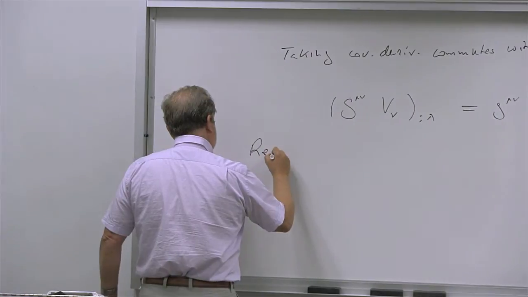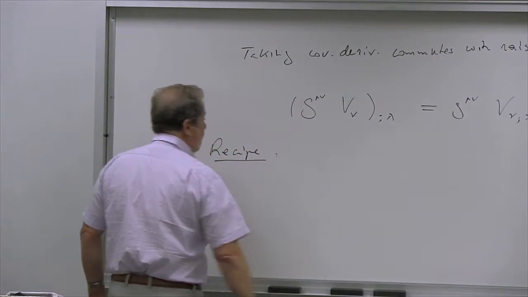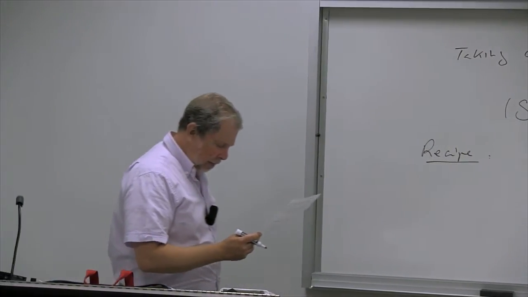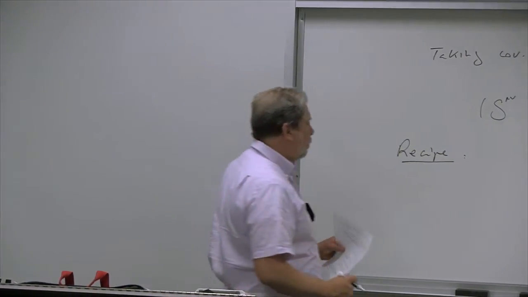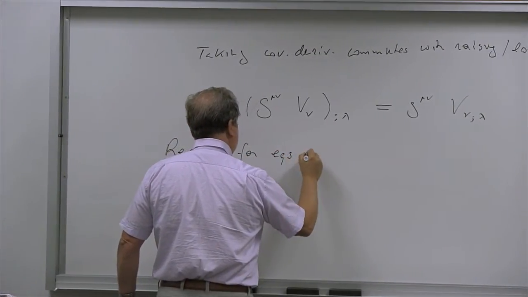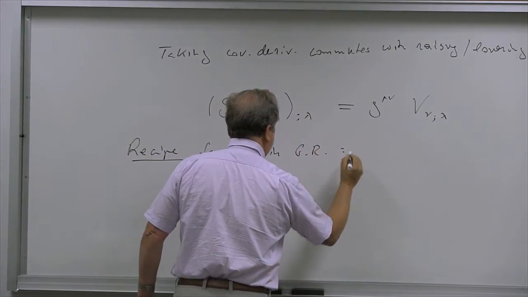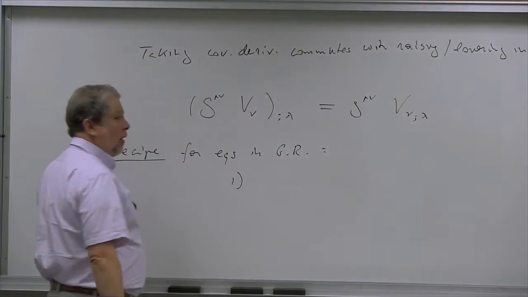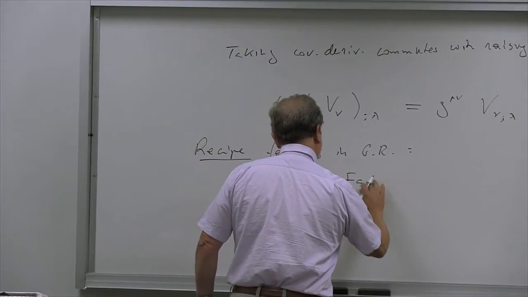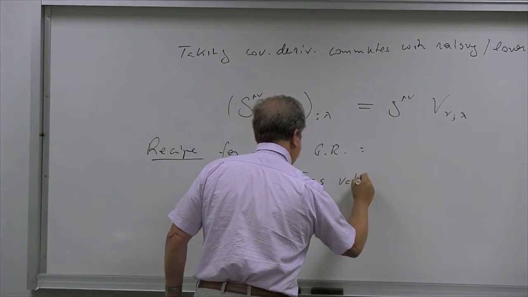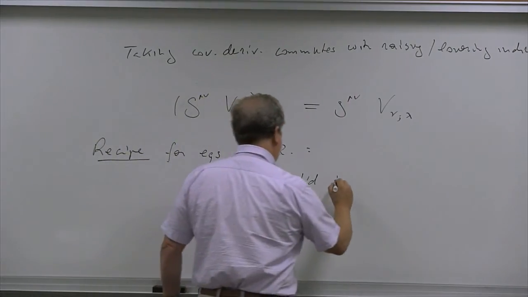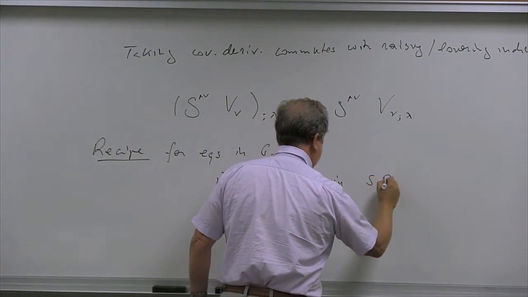So this suggests the following recipe to construct equations which are generally covariant. A recipe for equations in general relativity. The first thing is to write equations which are valid in freely falling coordinate systems, or if you want, in an inertial system of special relativity.